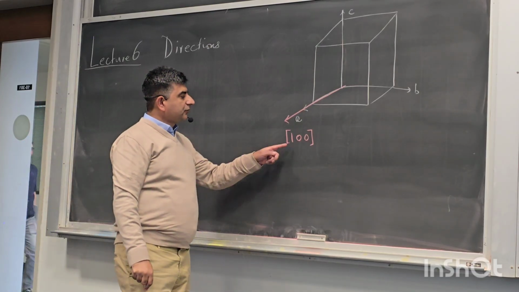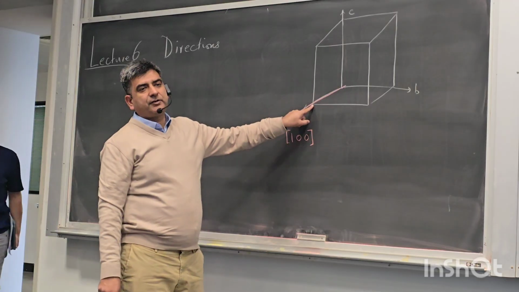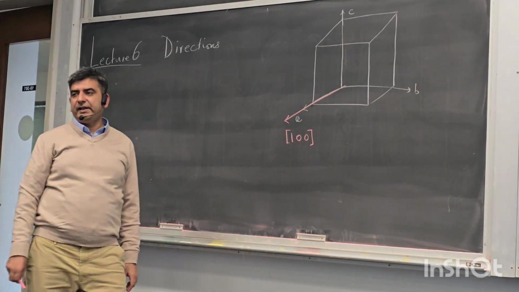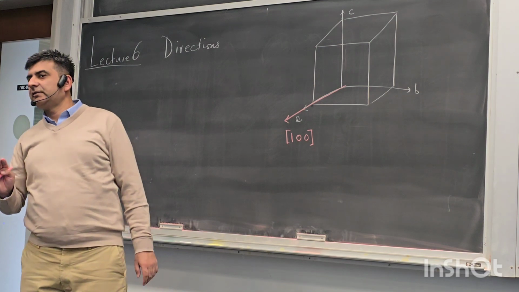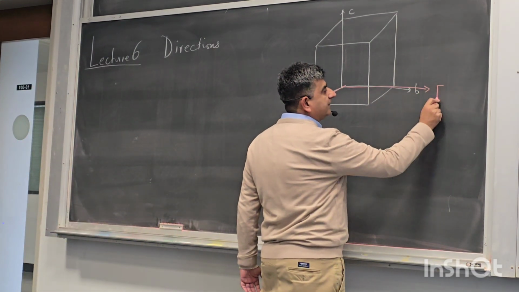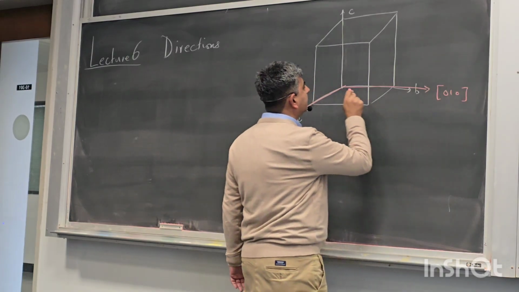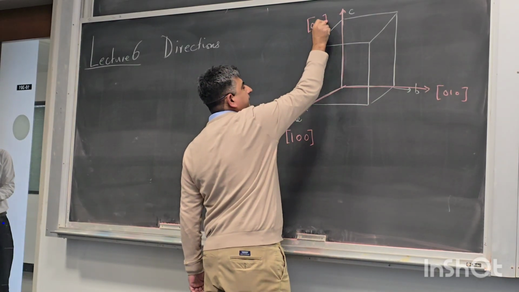So this really means that you move one unit along the A axis and you don't move at all along the B or the C axis. This would be obviously the [0, 1, 0] axis. This would be the [0, 0, 1] axis.